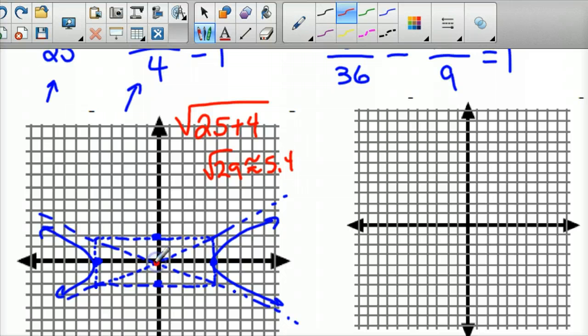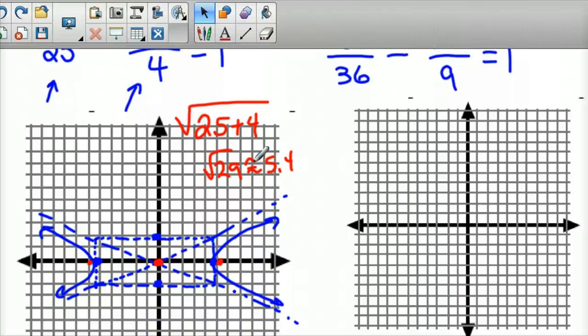So from your center, which is here at the origin, you go right 5.4 and left 5.4, and I'm kind of overlapping everything, I apologize. But that is where your foci lie. And the reason it goes right and left, not up and down, is because our x squared was positive.